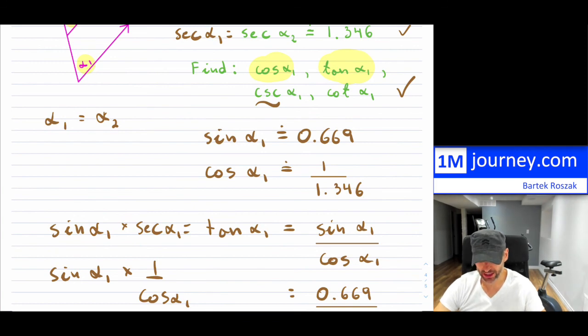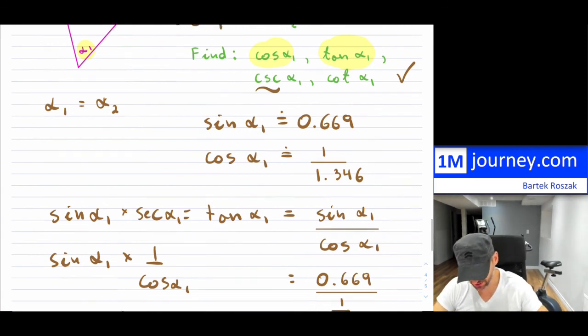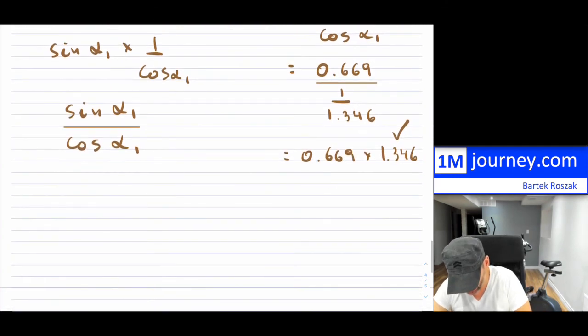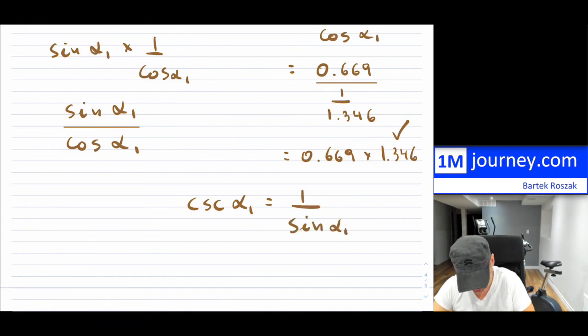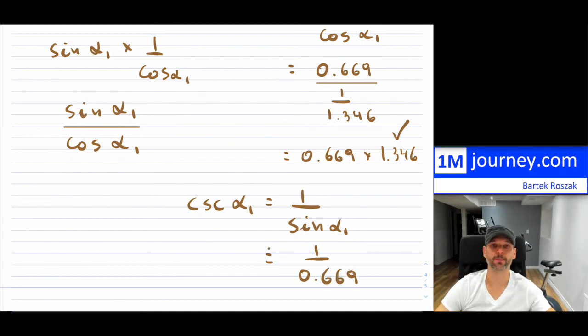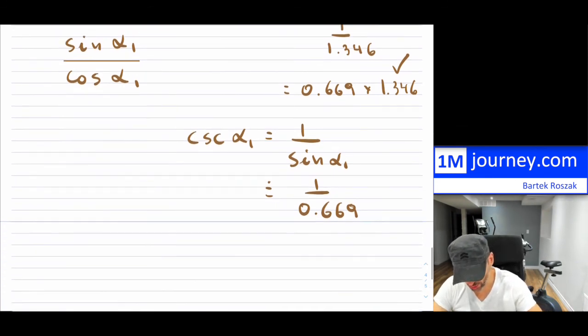Now, what about cosecant? Well, cosecant is nothing else but simply the reciprocal of your sine. So that's not going to be very difficult. If I want to know the cosecant of alpha 1, that's just 1 over the sine of alpha 1, which is 1 over 0.669, approximately. And finally, cotangent.